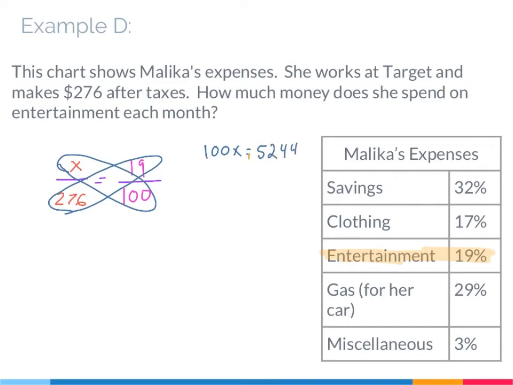I'm going to draw a wall down from my equal sign, divide both sides by 100. 100 divided by 100 is 1, or 1x. 5,244 divided by 100 is 52.44. But again, this is a word problem, so we need a word answer. So we're actually talking about $52.44.